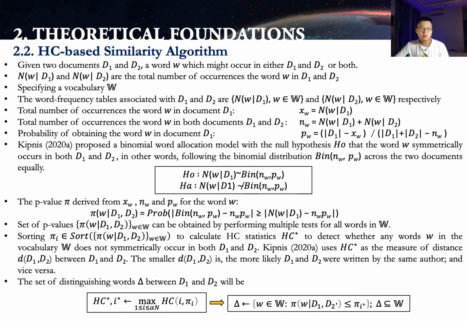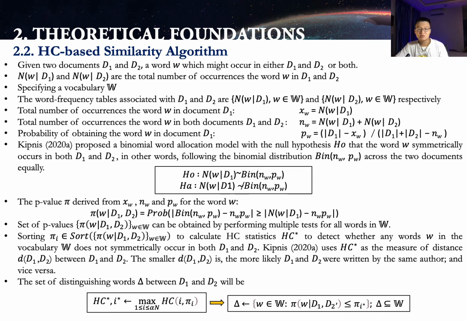Next is the theoretical base for ChunkedHC, the XC-based similarity algorithm. There are a lot of notations and equations for this algorithm, but in short, Kipnis 2020 proposed a binomial allocation model and used it to measure the distance between two documents by using the XC statistic.